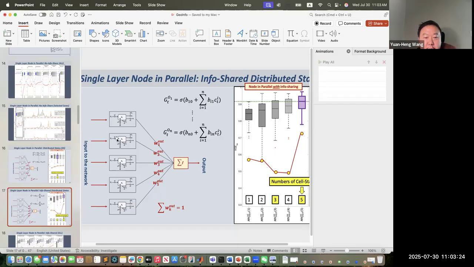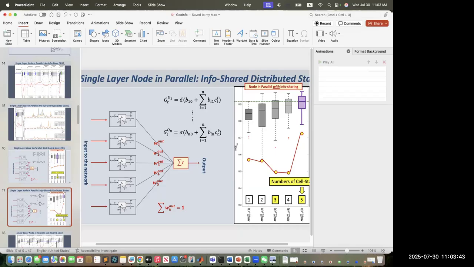Because the cell state in the second, third, fourth, and fifth node will also determine what the final output gate value is in the first node. And then the same for the second, third, fourth, and fifth.